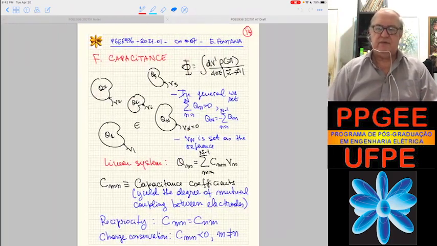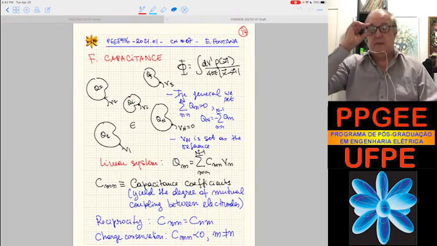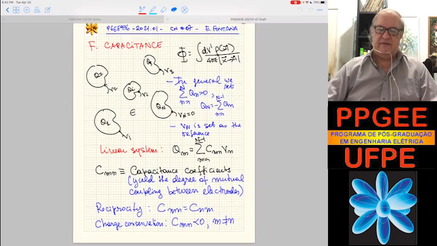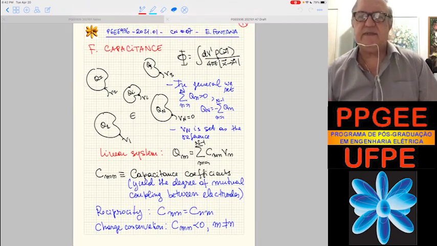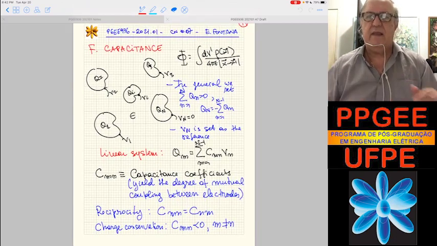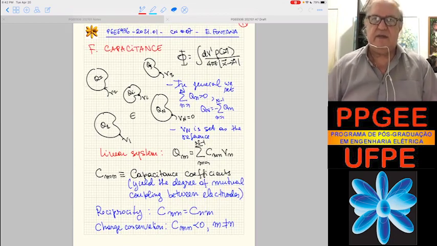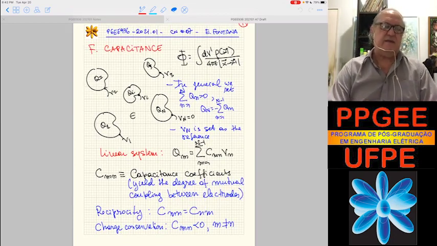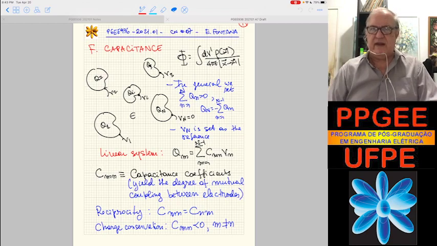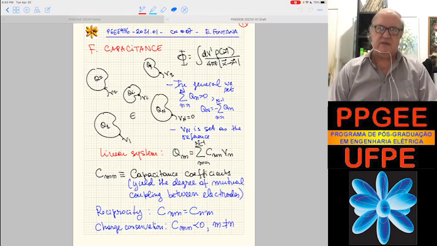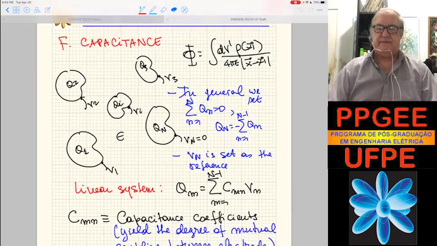Let's move on to the final part of the lecture. We have some interesting concepts that can be determined, some parameters that are very important in energy of electrical systems, in circuit theory, and so forth. One of these concepts is the concept of capacitance.